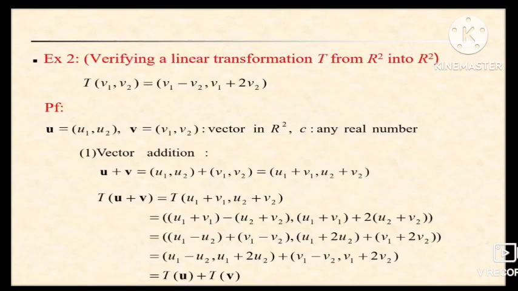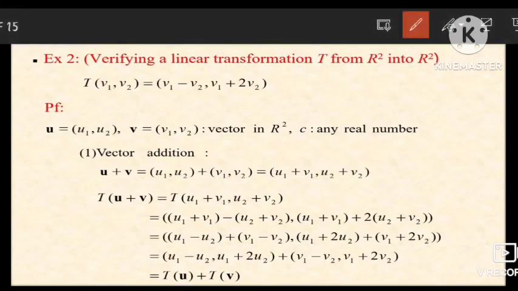Now example 2 is verifying a linear transformation T from R square into R square. So T of (v1, v2) is equal to (v1 minus v2, v1 plus 2v2). Here is the proof. Let u equal (u1, u2) and v equal (v1, v2) be vectors in R square, and c any real number.